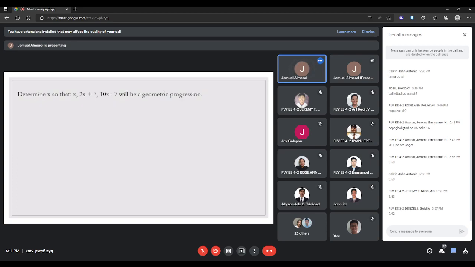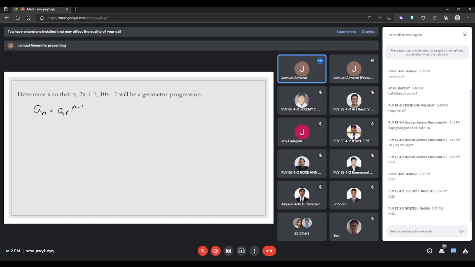Okay? Let's proceed. Determine x so that x, 2x plus 7, and 10x minus 7 will be a geometric progression. So, natin ang formula ng geometric progression, a sub n is equal to a sub 1 r raised to n minus 1. Term piecewise yan, di ba? Isa-isa. Magkakasunod.